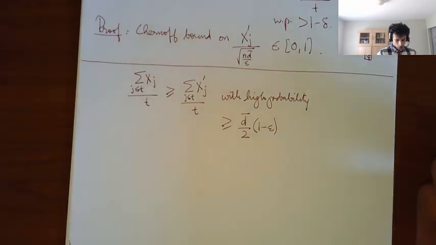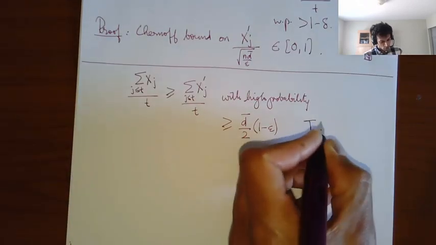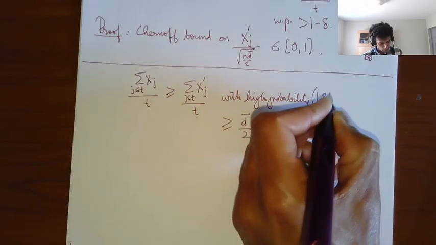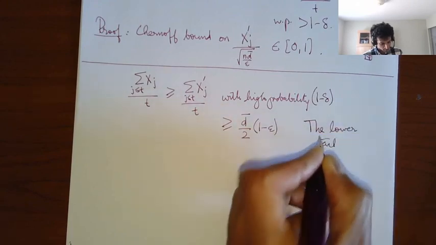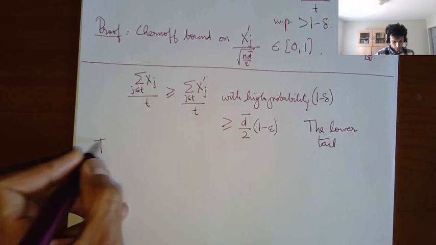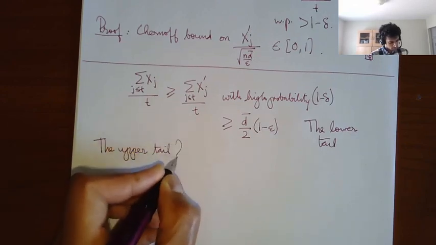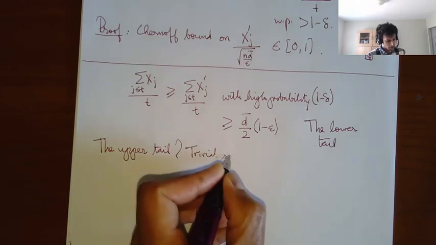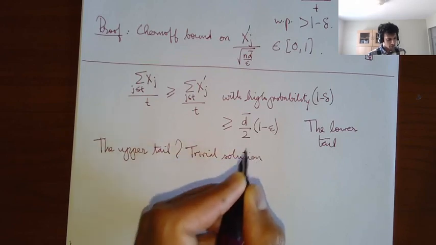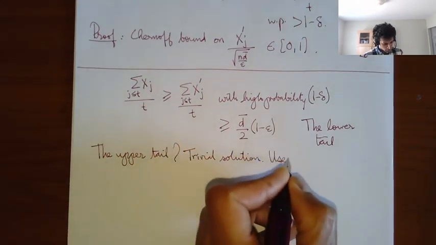So what this analysis so far does is it has dealt with the lower tail. So with probability at least 1 minus delta, this is the lower tail. The upper tail, well, let me just give you a trivial solution, and you can actually do things that are more clever than this if you want to optimize the dependence on epsilon. But the trivial solution is just to use Markov.